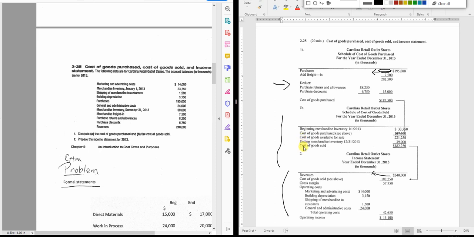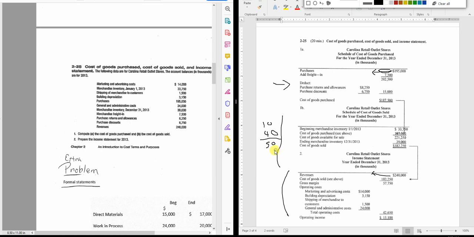cost of goods sold. I want you to think of this, and I'll go into this in the next problem. If I started the year with 10 pencils and I bought 40 more and I only had 5 left, how many did I use? Well, your mind is going to say, okay, I started with 10, I got 40 more, that gives me 50 that are available to use.